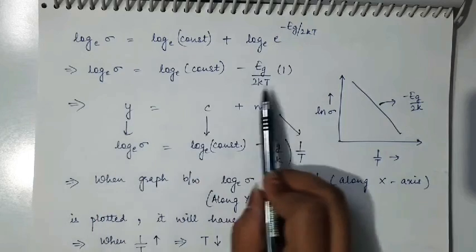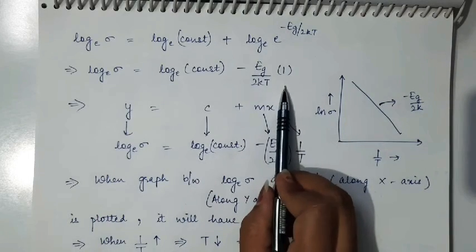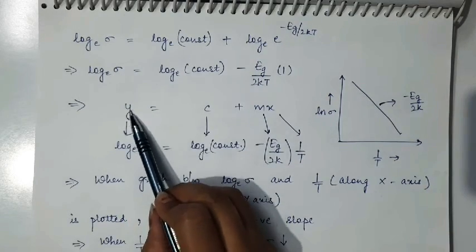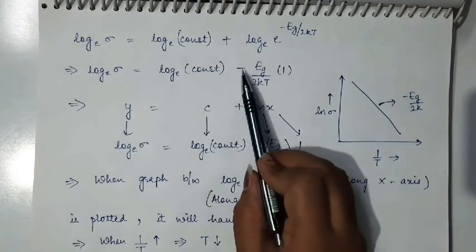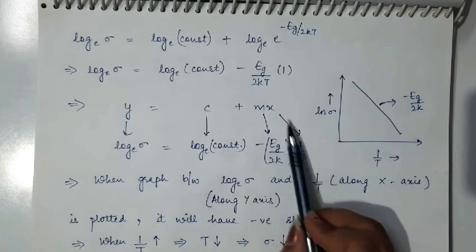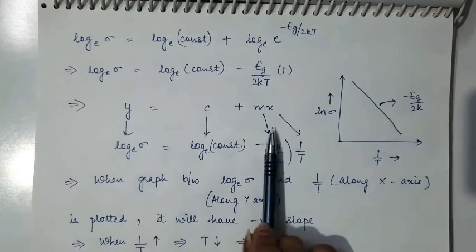So we'll get this equation, and this is the equation of a straight line, because if we plot this along y-axis, this will be the intercept, this minus Eg/2k will be the slope, and this 1/T will be along x-axis.